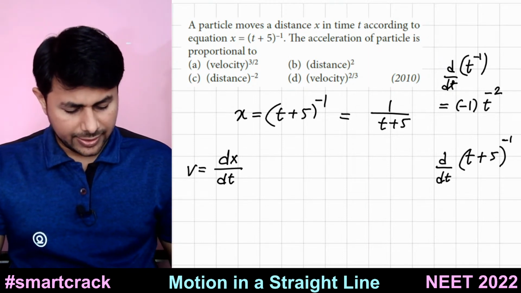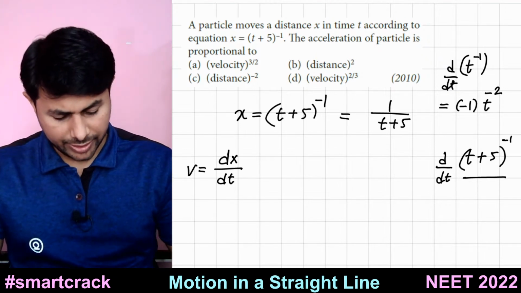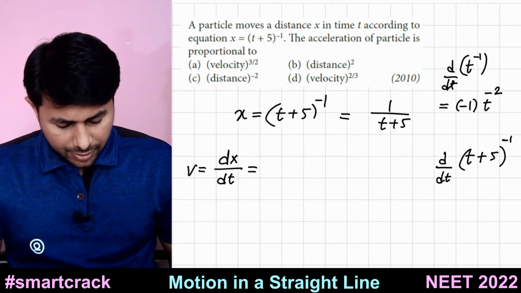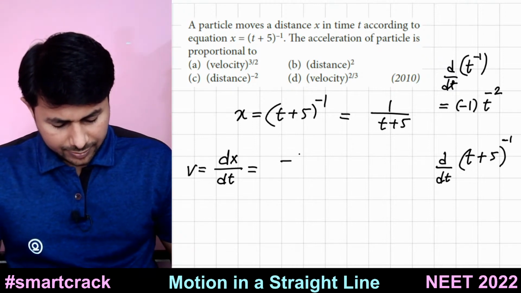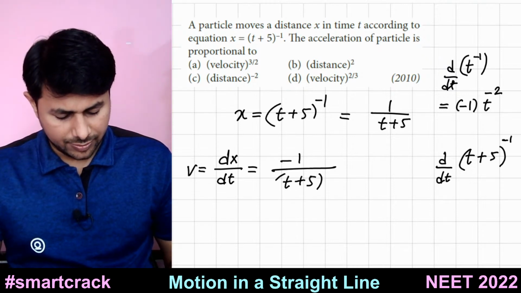Likewise, the derivative of t plus 5 raised to minus 1 will be minus 1 into t plus 5 raised to minus 2, which is minus 1 upon t plus 5 raised to 2.